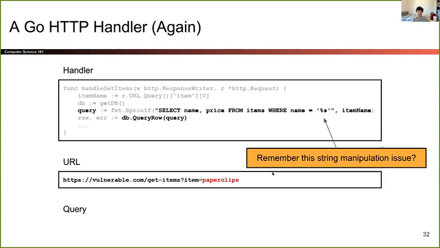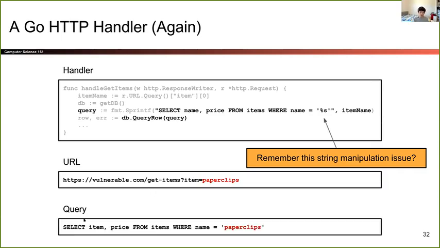For example, if I say get items and then items equals paperclips, we would end up constructing this query. Item name in this case is paperclip, so we put that into this %s, and we get select item and price from items where name equals paperclips. So this looks all right now, but again, we can start to think about how we might exploit this.